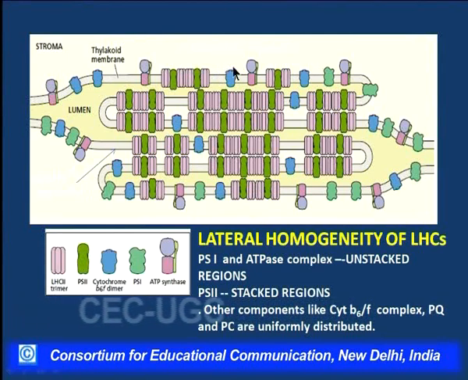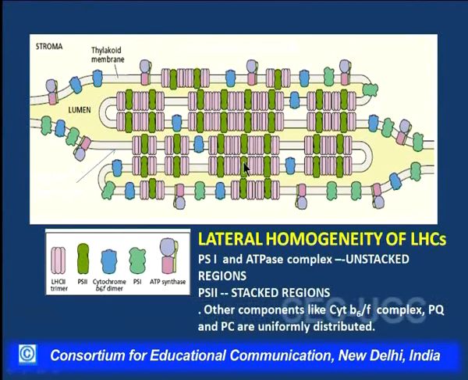Free in the sense they are free towards the stroma and there is nothing to press upon them. So they are called the unstacked regions or the so-called non-appressed regions. And PS1 and ATPase, as we saw in the earlier diagram, most of these PS1 and the ATP synthase complexes are localized here.